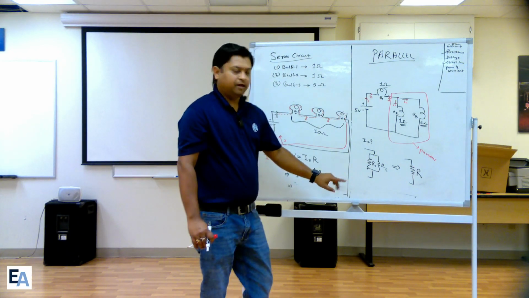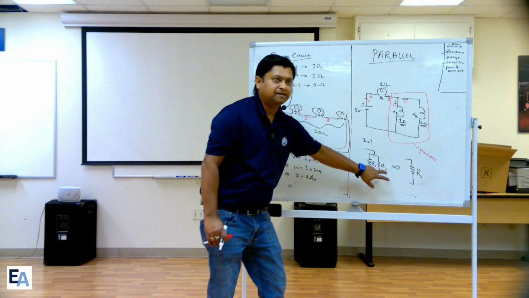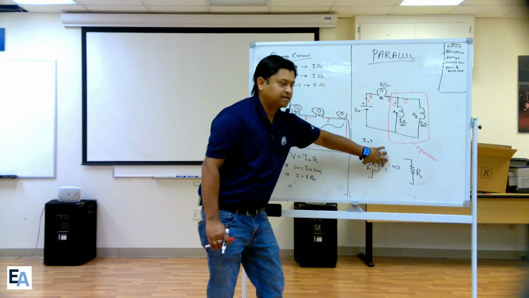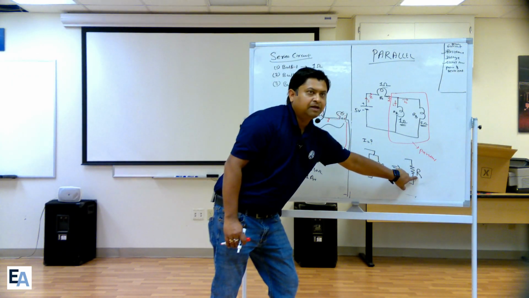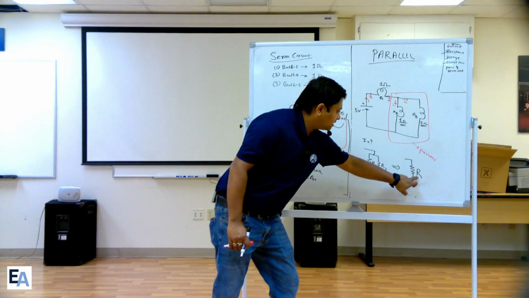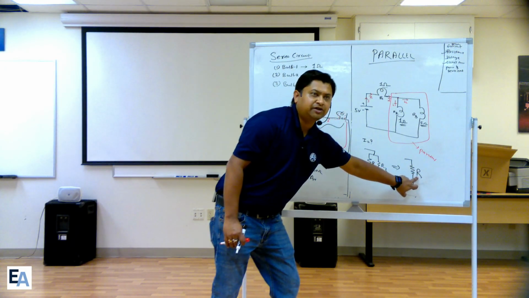If I have two resistances in parallel, instead of showing like this, I can do like this, but now the value of the resistance will change.